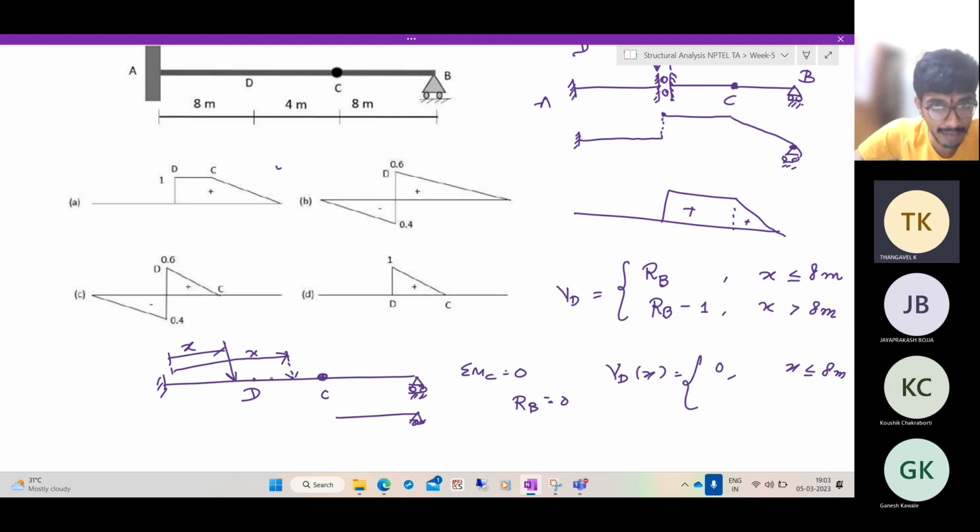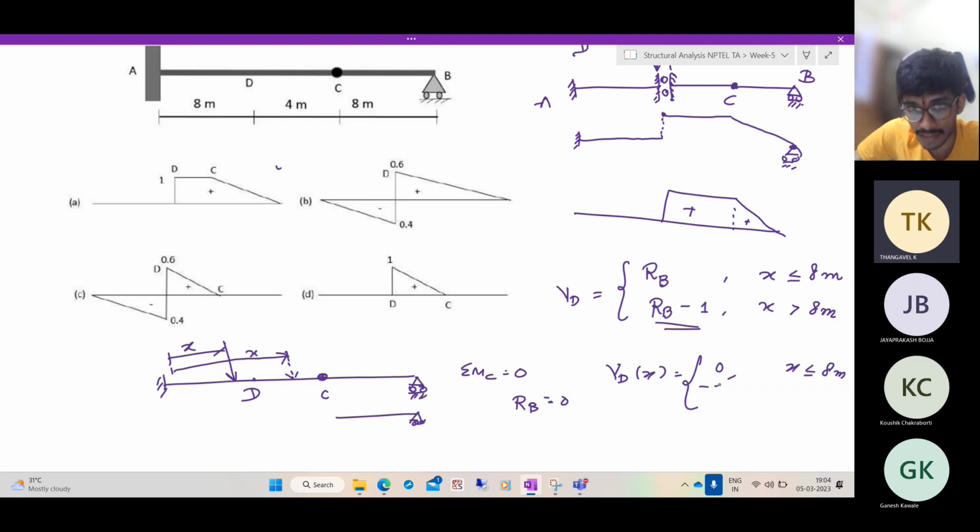It has crossed D, but it has not crossed C. In that case, again, sigma MC equal to 0. You will get RB as 0 because there is no loading in this span. If you take moments about this point, you get RB into 8 equal to 0, which is 0. But since the load has crossed the point D, you should use this formula for finding the shear force.